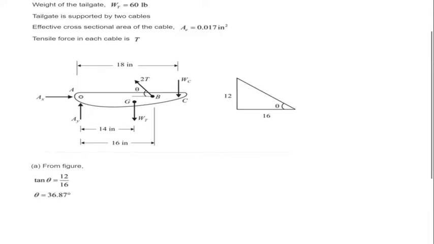So we have the weight of the tailgate, right, which would be 60 applied here in the middle, the weight of the block here in the corner, right, times 18, because it's the distance from the hinge to the center of this weight.